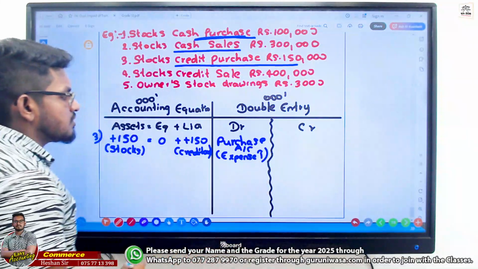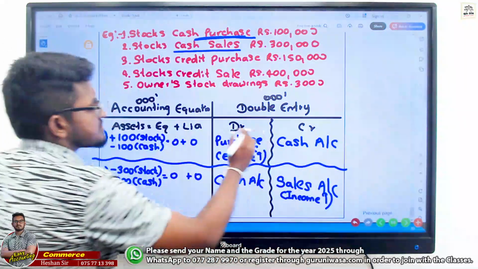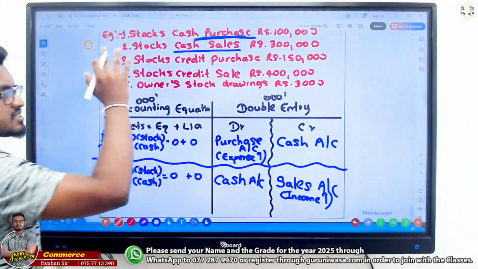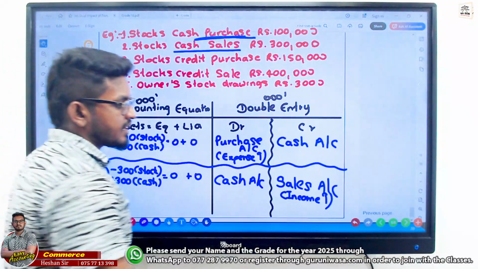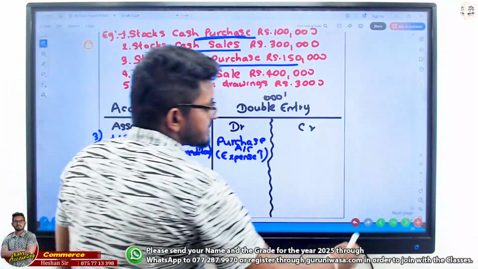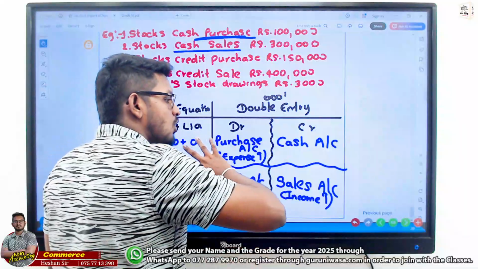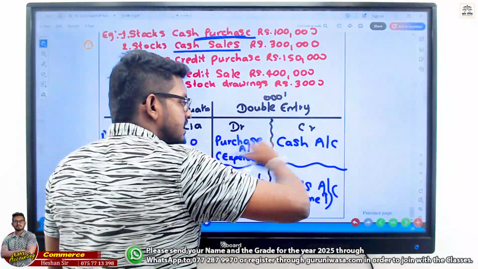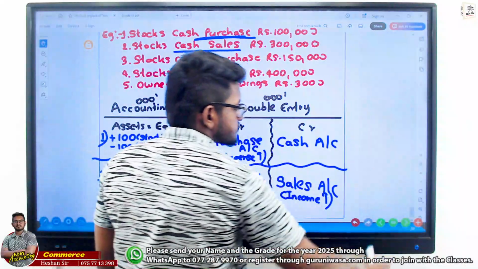Now in cash purchase, also the debit entry is the purchase account. Credit purchase also the debit entry is the purchase account. But in the cash purchase, since cash go outflow, we concern as credit entry as the cash account.